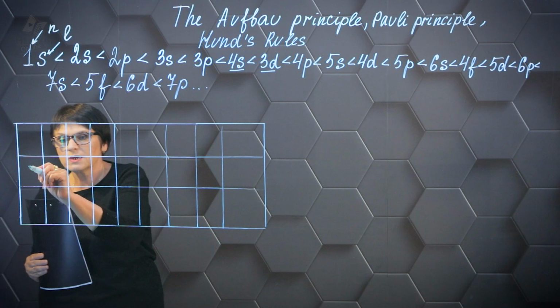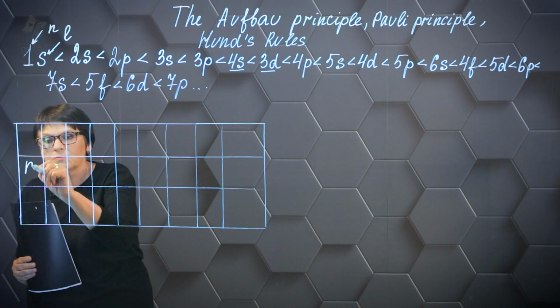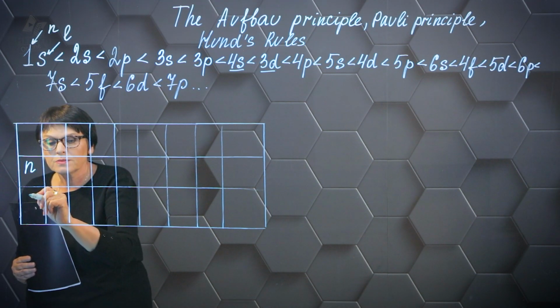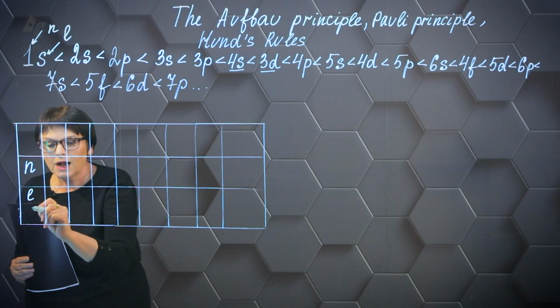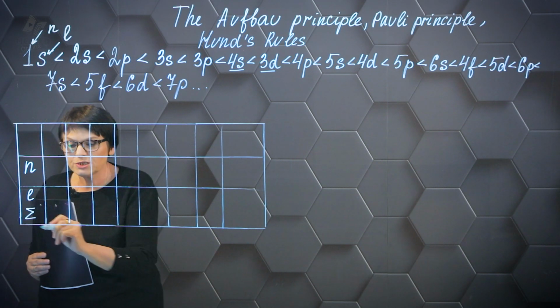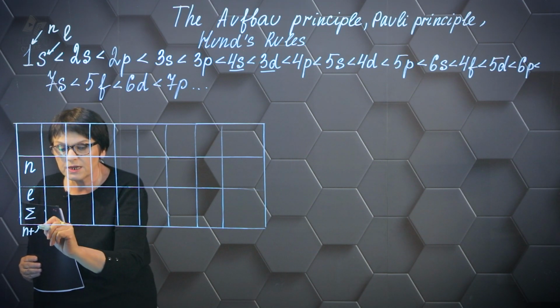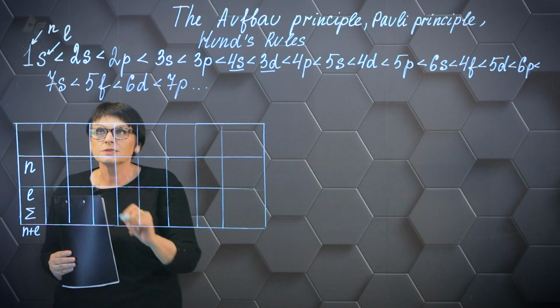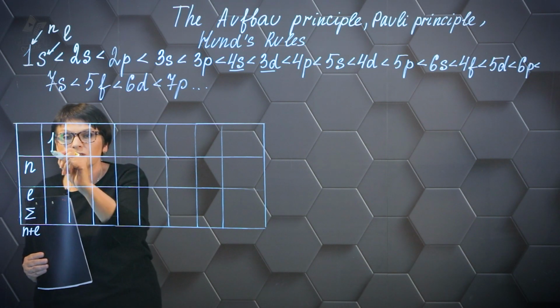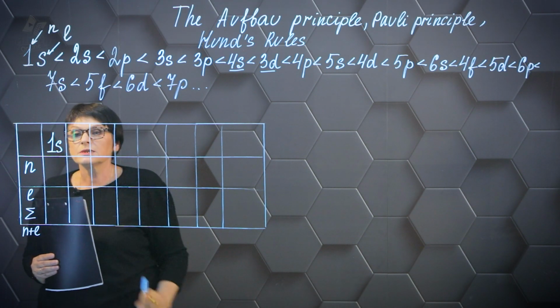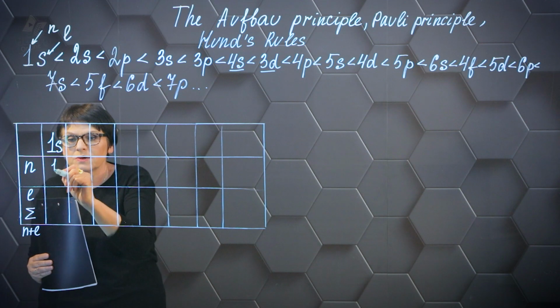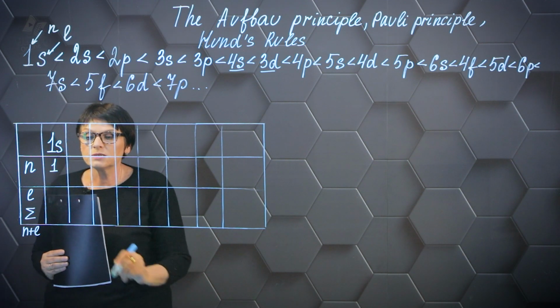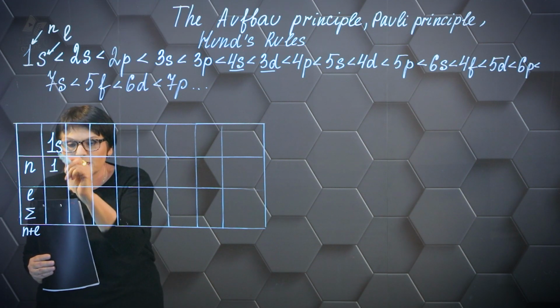So if we denote N, and here L, and here the sum of these numbers N plus L, then we have the following pattern. Let's do the math, shall we? 1s. Then the principal quantum number is 1. The orbital number for the s electrons is 0.